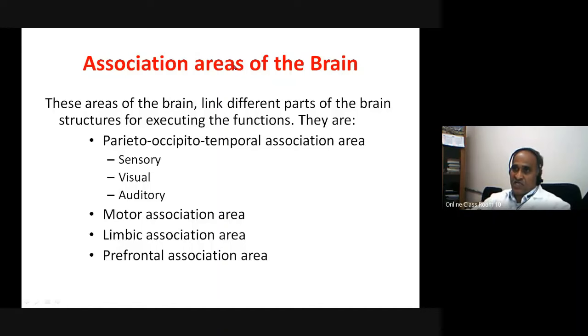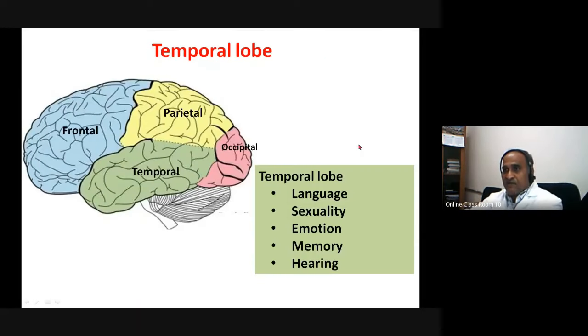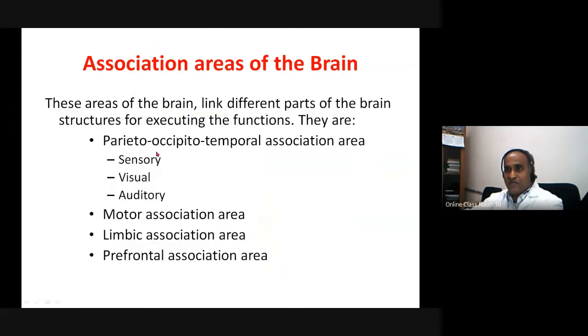That is association. I have just listed here four major types of association area: parietal, occipital, temporal association area, and so on. The parietal, occipital, temporal association area would be coming something like this. That's one.